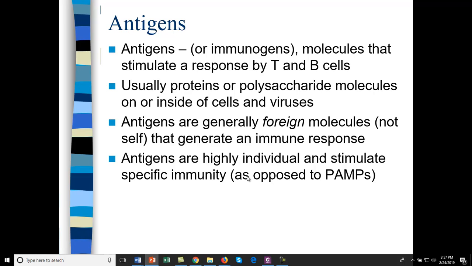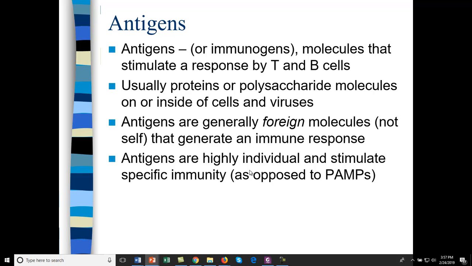So PAMPs are not antigens. PAMPs are pathogen-associated molecular patterns. That's part of innate immunity. And if you get anything out of this chapter, I want you to know the difference between antigens and PAMPs. Antigens are acquired immunity. The response to PAMPs is written within your innate immune system.